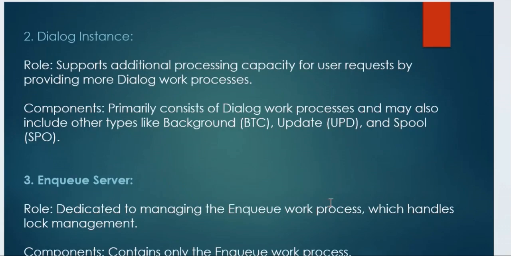Second, we talk about the dialog instance. What is the use of the dialog instance? Dialog instances exist in the application layer, and we can say they exist on a different host.